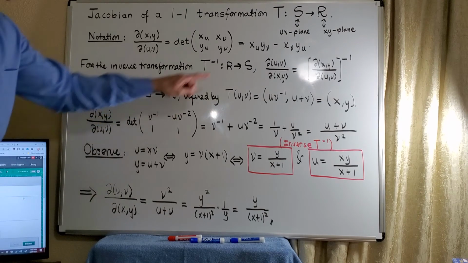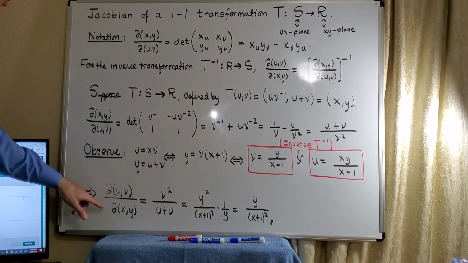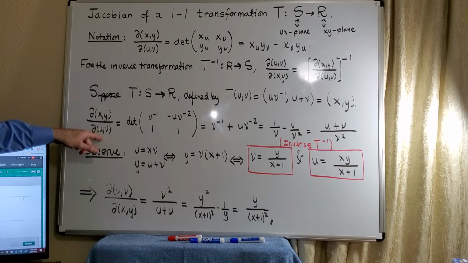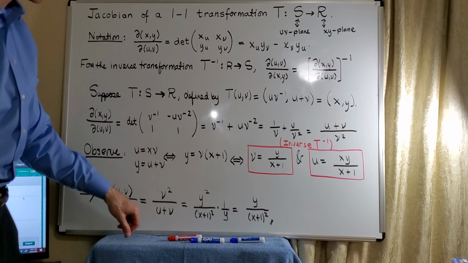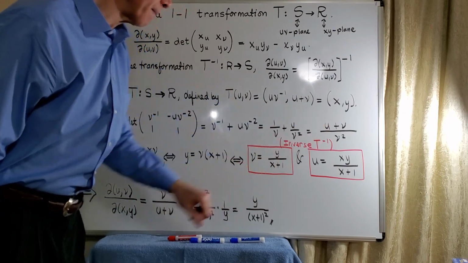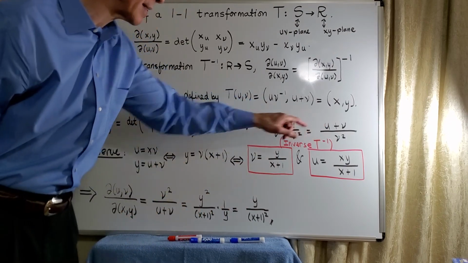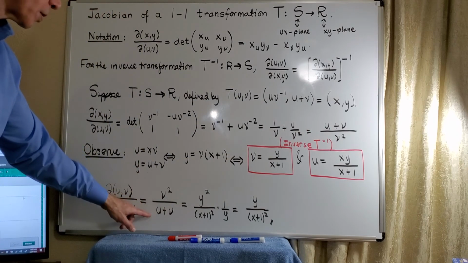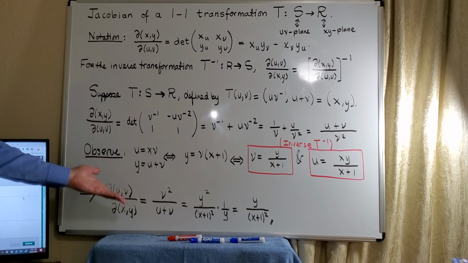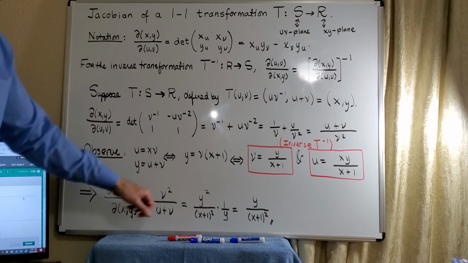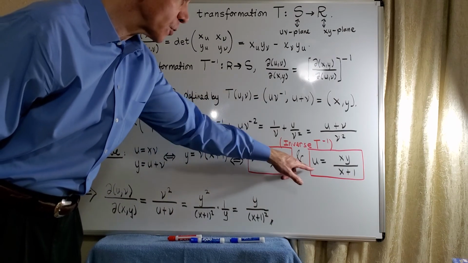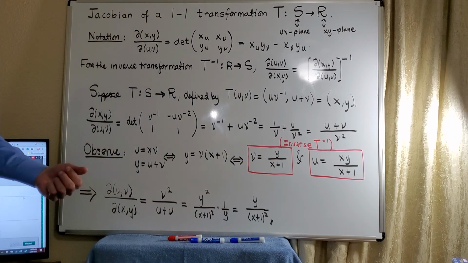Now, as we've written up here, if we wanted the Jacobian of the inverse transformation which I've written here, we take the reciprocal of this one. When we reciprocate this, we just get v squared over u plus v. That's fine, but it's not in the variables that we like. Since we've actually solved for the inverse transformation, we can substitute.